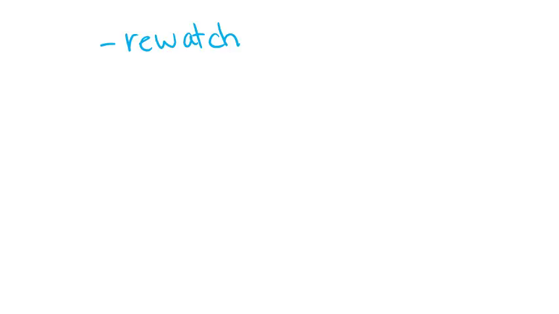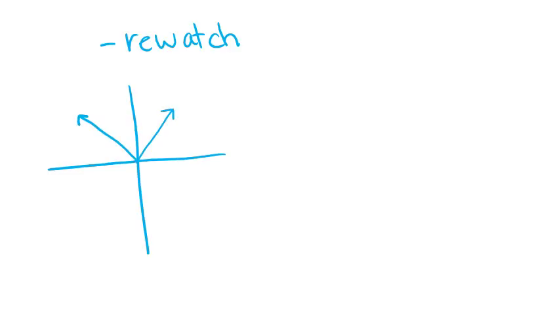Be prepared, because now we're gonna take one graph of an absolute value. And we have so much information. We can talk about domain, range, increasing, decreasing, maximums, minimums, vertex.